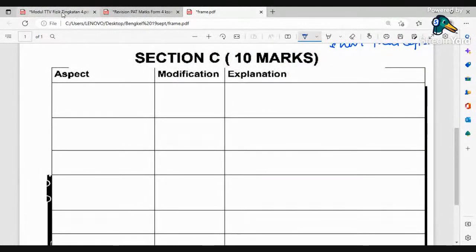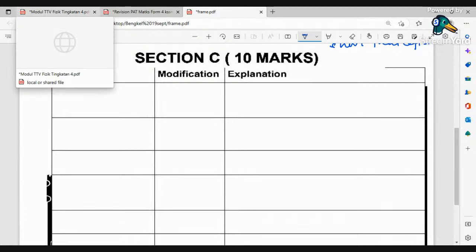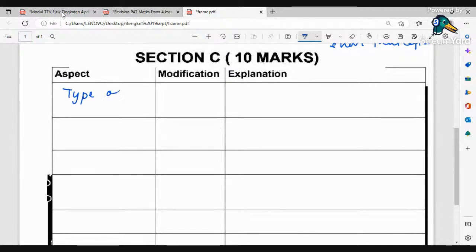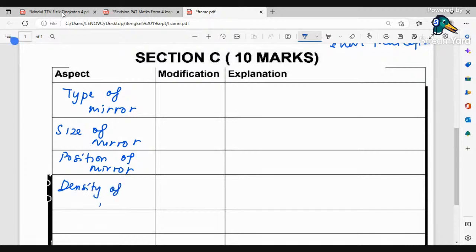Okay, yang pertama tadi ialah type of mirror. Tulis sini ya. Type of mirror, size of mirror, position of mirror, atas atau bawah, and then density of mirror, number of mirror.